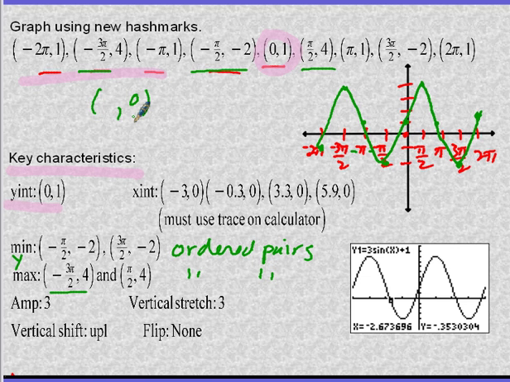So you're going to, on a graphing calculator, plot 3 sine x plus 1, and again do it in radians. Your x min is going to be negative 2 pi in radian mode. X max is going to be 2 pi.